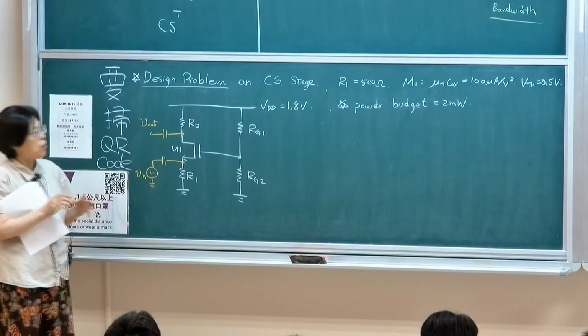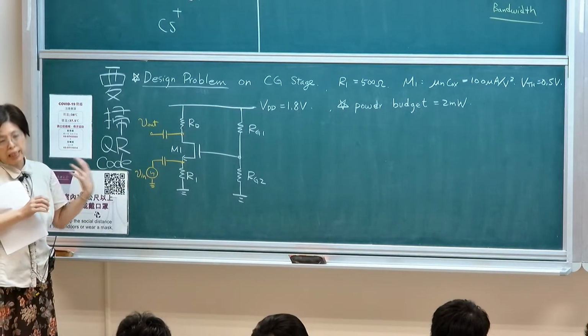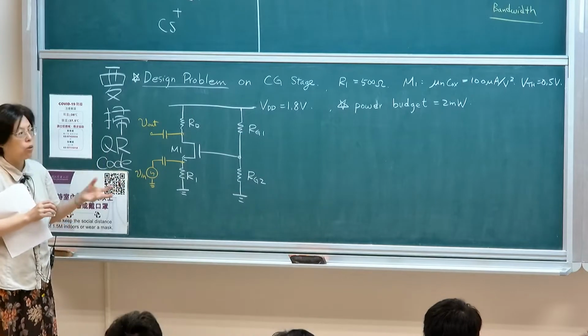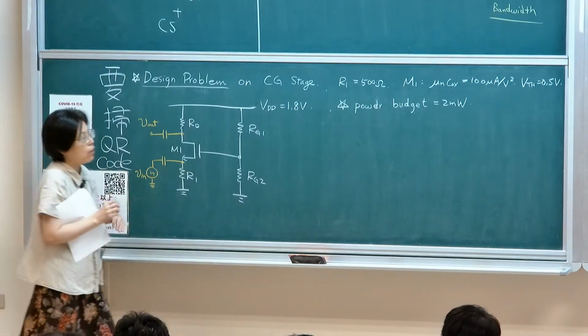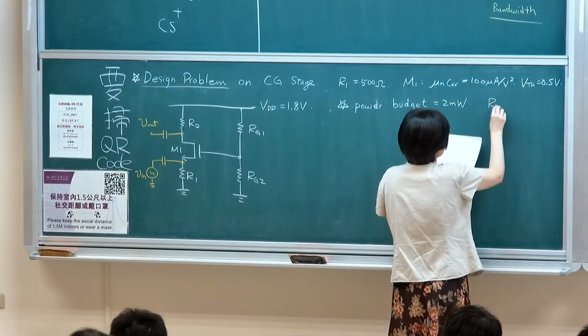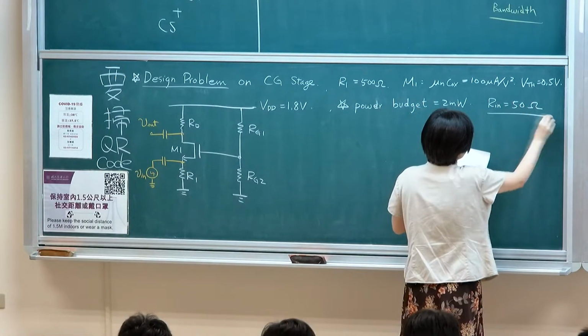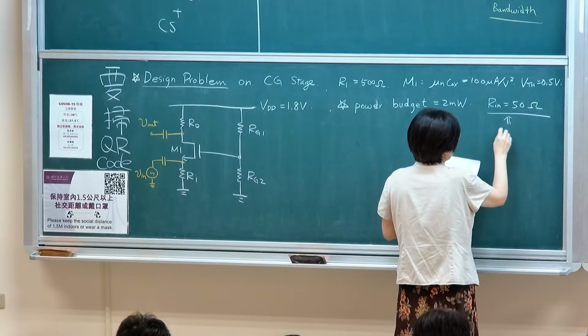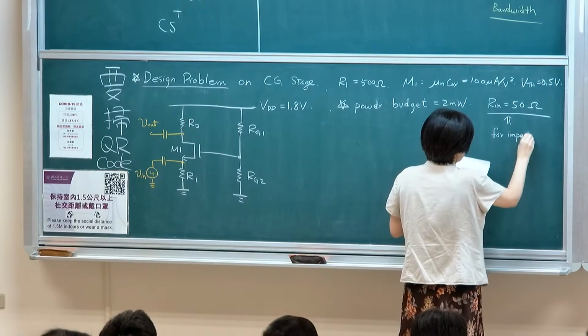Most common gate stages are used for taking in a current signal or for impedance matching. So let's say this is for impedance matching, meaning I'm setting my Rin to 50 ohm.